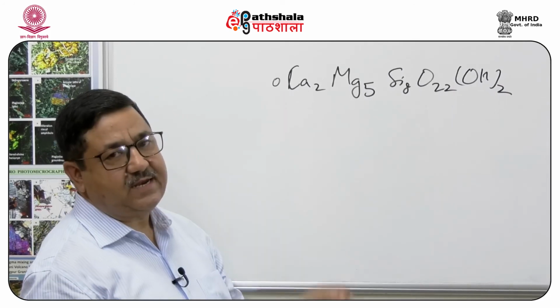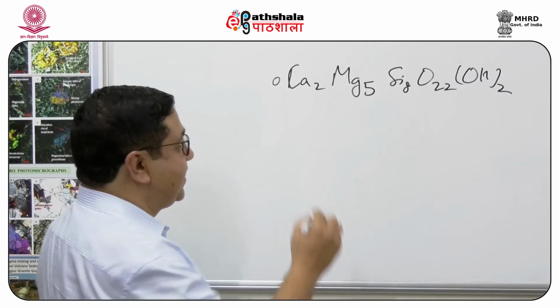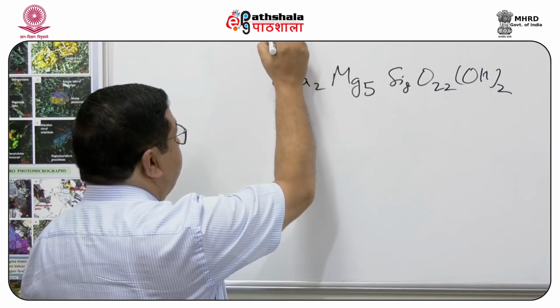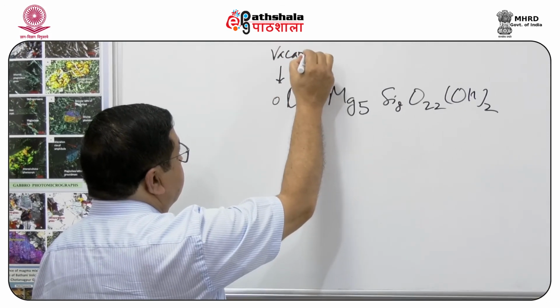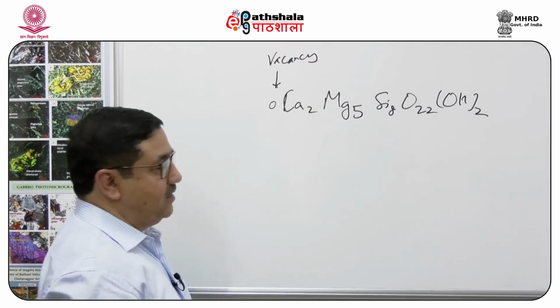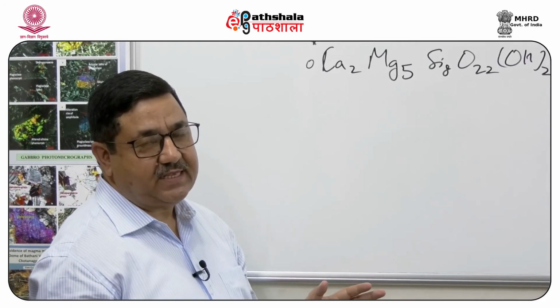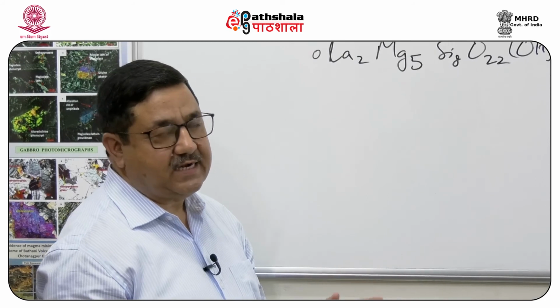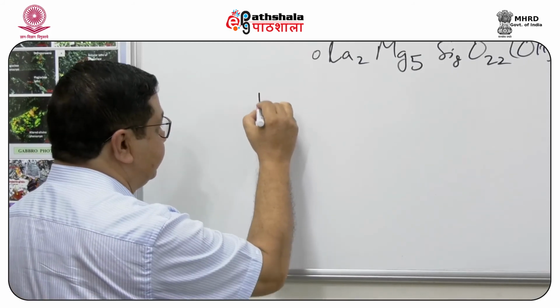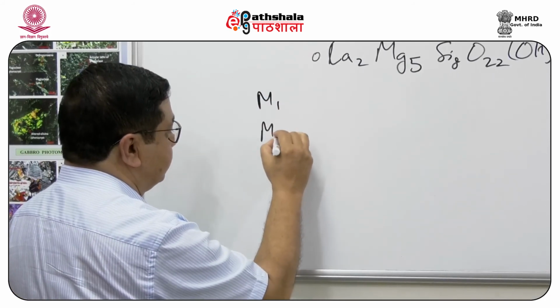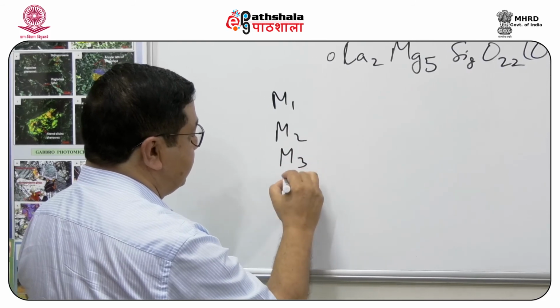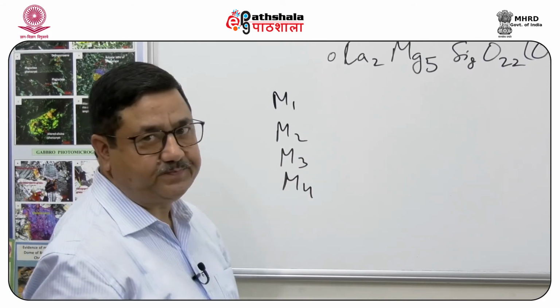Now, in a typical amphibole structure, this refers to vacancy, and in a typical amphibole structure there are 4 octahedral sites which are termed M1, M2, M3 and M4.